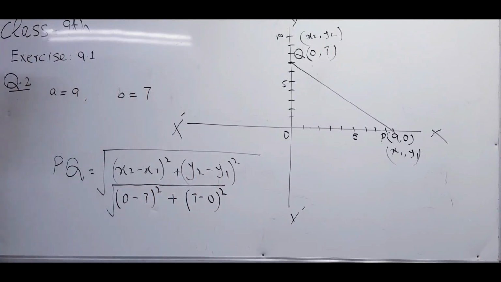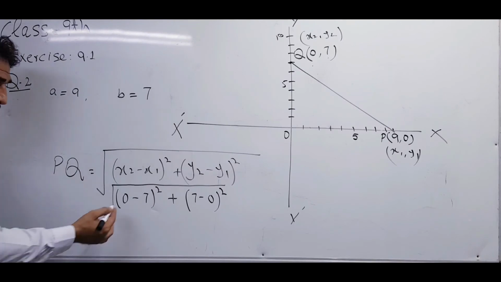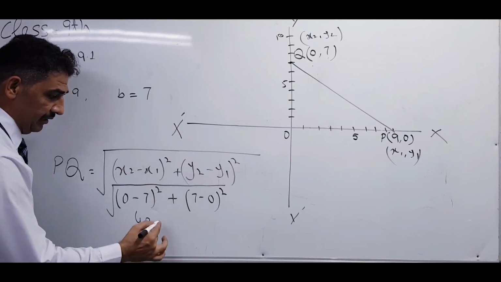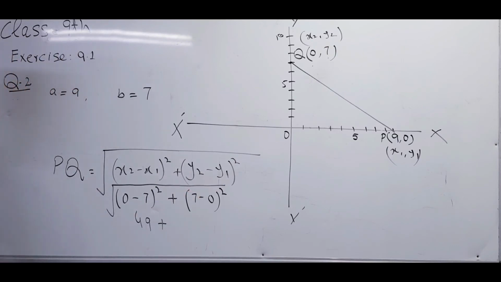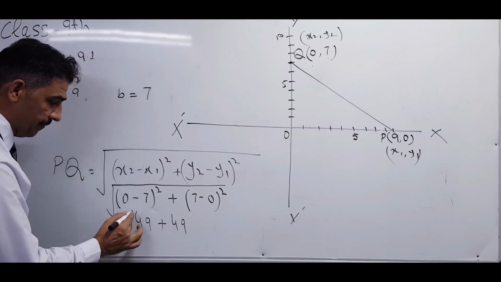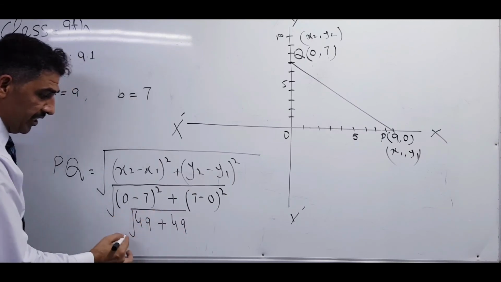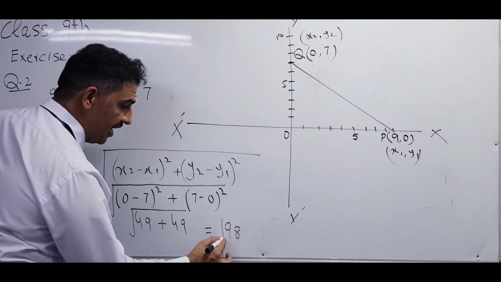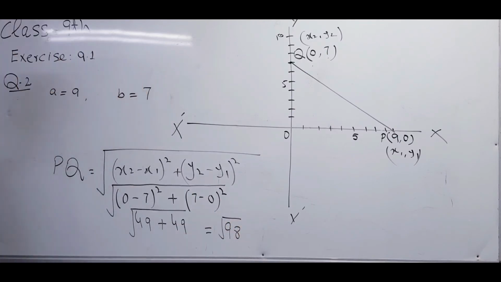So we have to simplify. Minus 7 square is equal to 49, plus 7 minus 0 is 7, and 7 square is again 49. 49 plus 49 will become 98.